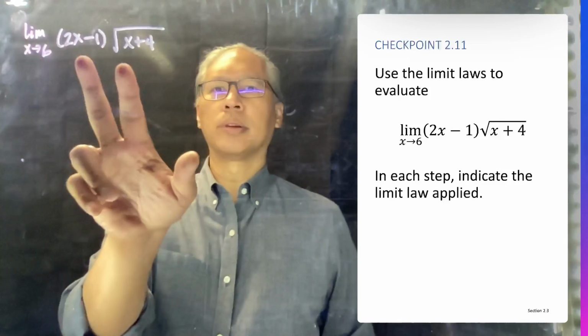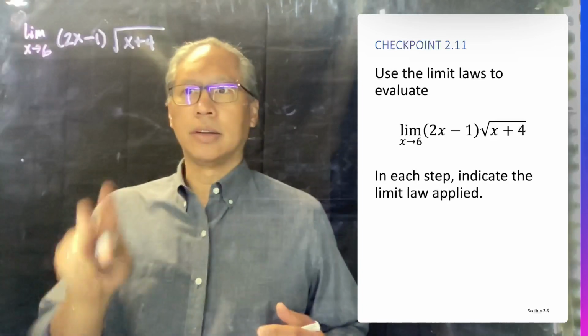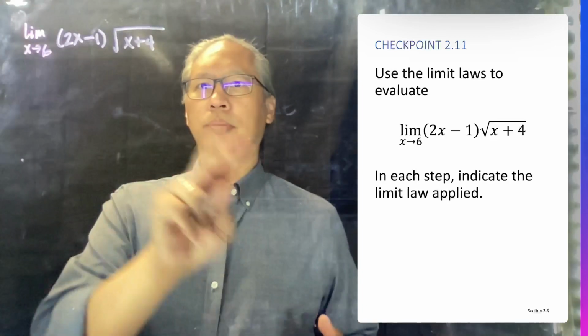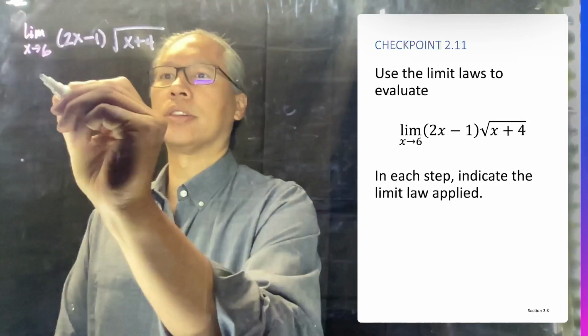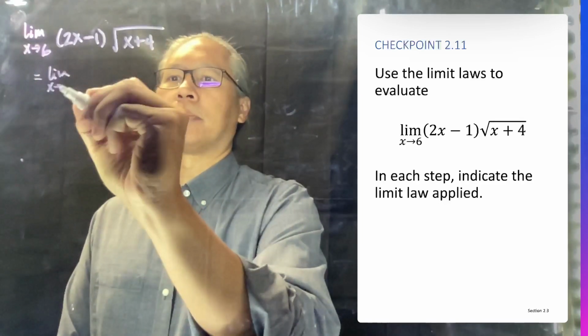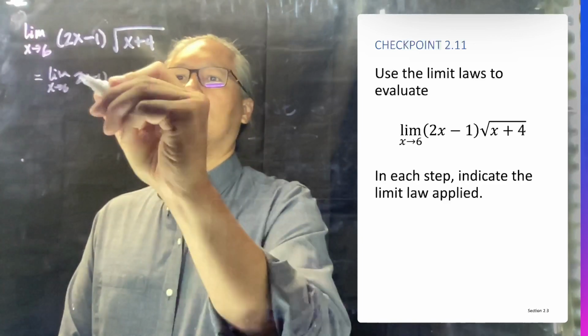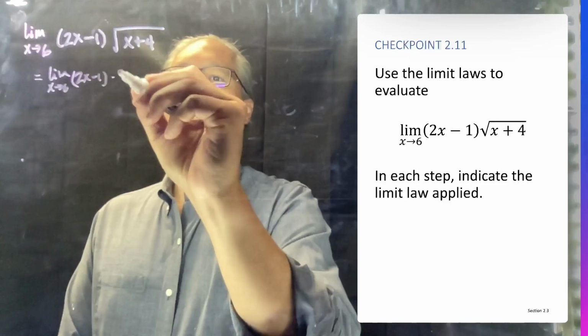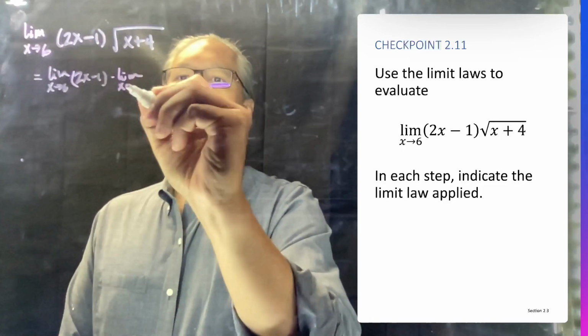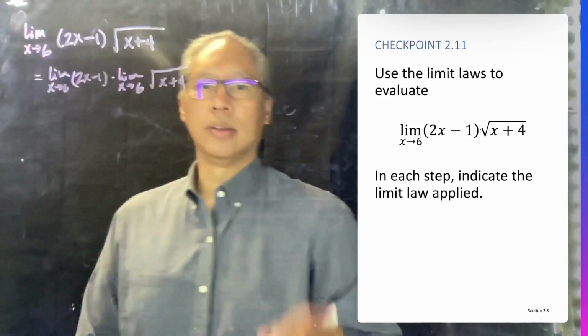And so first thing we're looking at is that there's a product. So it turns out that the limit of a product is the product of the limits, which is to say that this should equal the limit as x approaches 6 of 2x minus 1 times the limit as x approaches 6 of the square root of x plus 4.